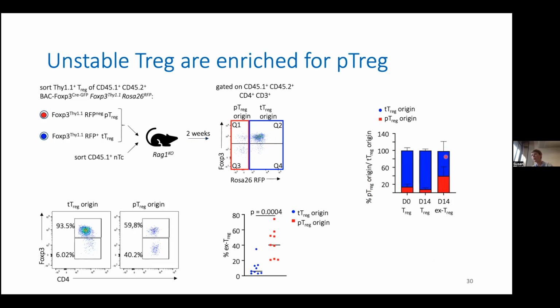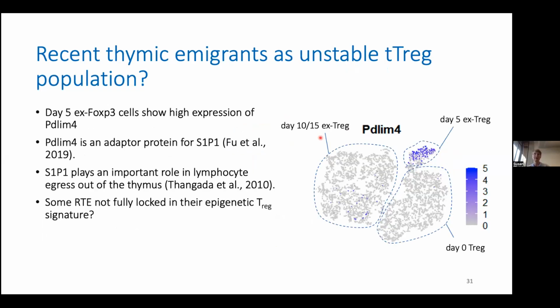The T-Treg almost seem to contribute more cells to the X-Treg subset. So there's a substantial contribution of the T-Treg to the X-Treg. That's why we also wanted to have a look at the thymically derived Treg.